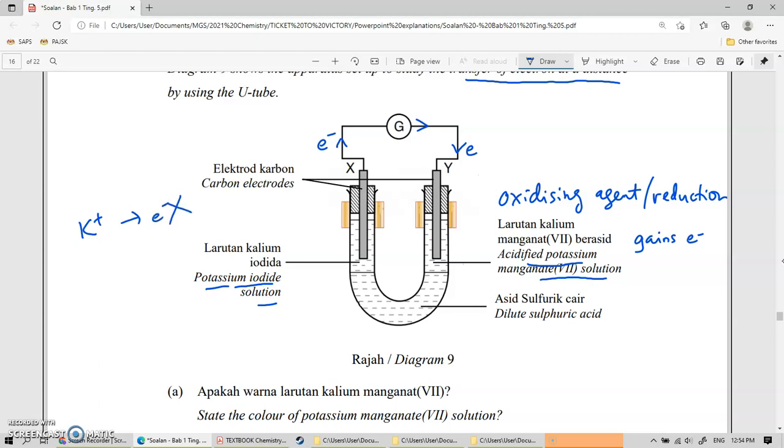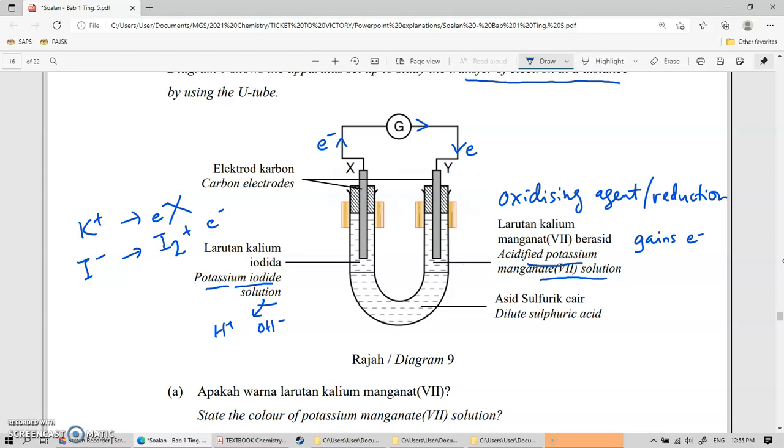It has to be either iodide ion or something in the solution. Because it's an aqueous solution, it has H plus and OH negative. But because this is not electrolysis, this is transfer of electron, the I negative is the one that will lose electron. I negative will become I, and this I cannot be alone. It's a halogen, so you have to write it as I2, iodine.